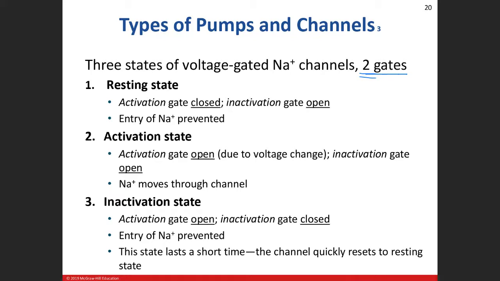It's got two gates. So I'm going to go back and forth through these three states, from this slide to the next slide. The first state is the resting state. So when you're sleeping at night and your leg muscles aren't moving around, unless you have restless leg syndrome, the neurons that affect those skeletal muscles are at rest.